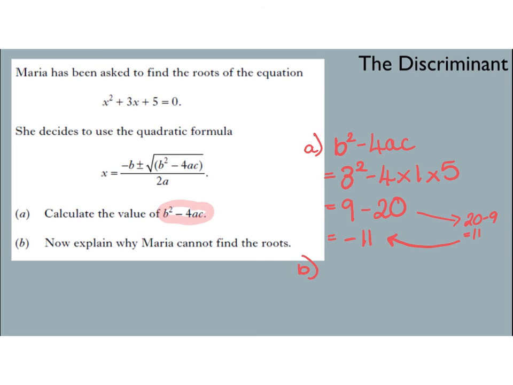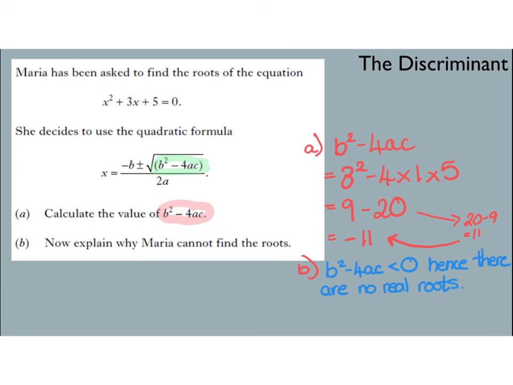Part B, explain why Maria cannot find the roots. There are a couple of ways you can answer this one. I started answering it by saying that b squared minus 4ac is less than 0, hence there are no real roots. I'm going to go a little bit further for this one just to show my understanding.